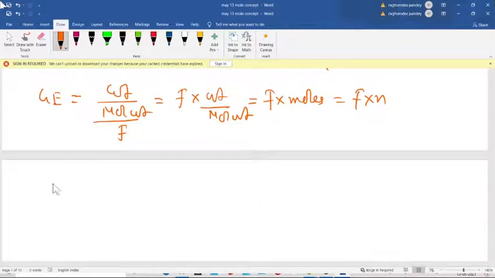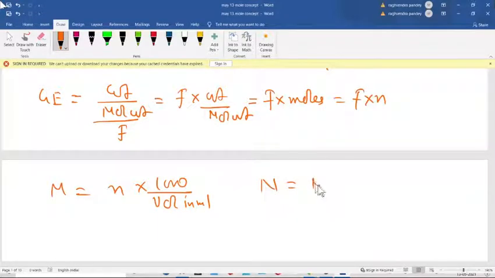Now what is molarity? Molarity is number of moles into 1000 upon volume in ml. For normality, it is molarity into F. So when we multiply nF, molarity is n into 1000 upon volume in ml, so nF into 1000 upon volume in ml.